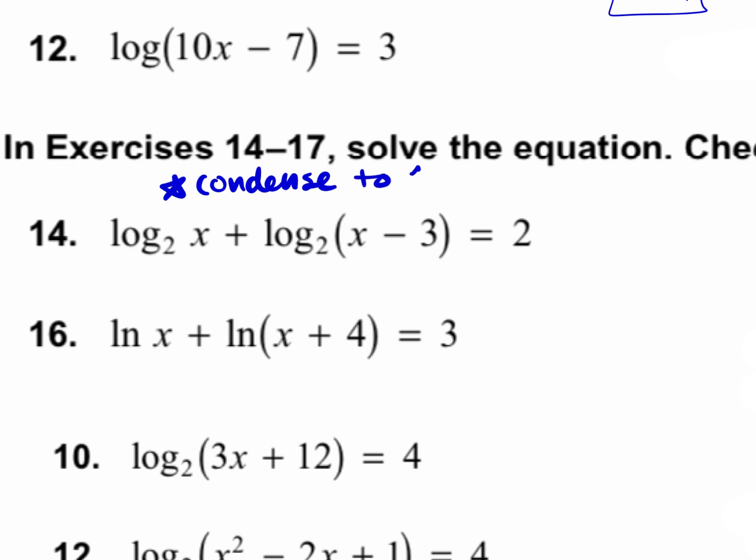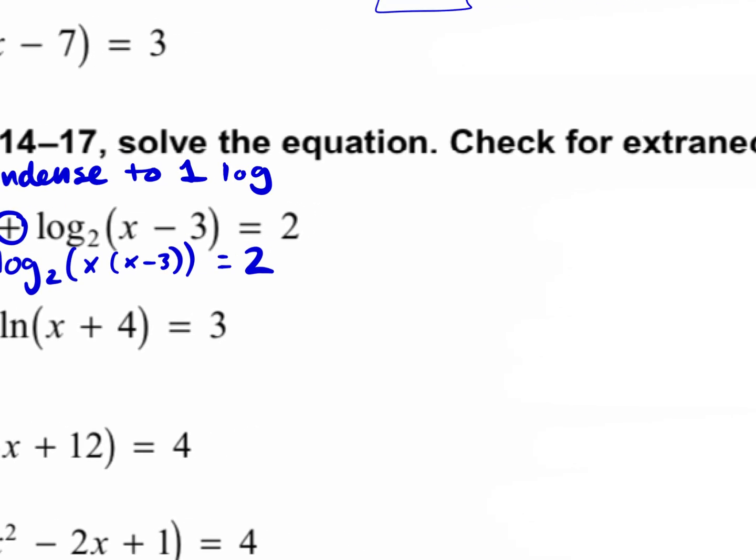When I'm adding, how do I condense these together? Multiply. So we get log base 2 of x times x minus 3 is equal to 2. So all I did here was condense. I'm going to write it on the side here so we have more room.